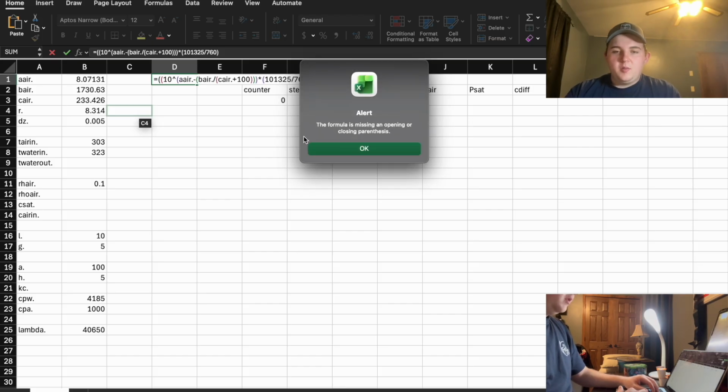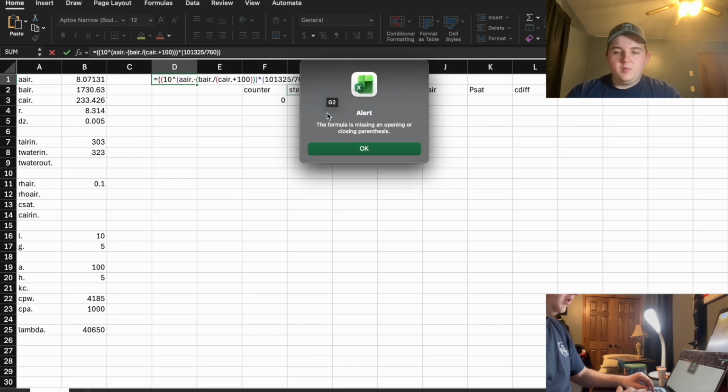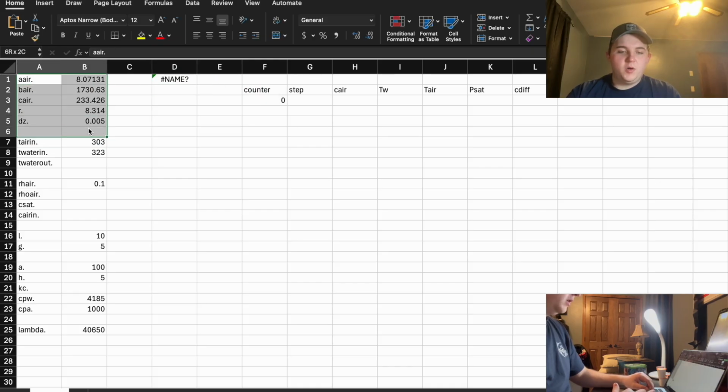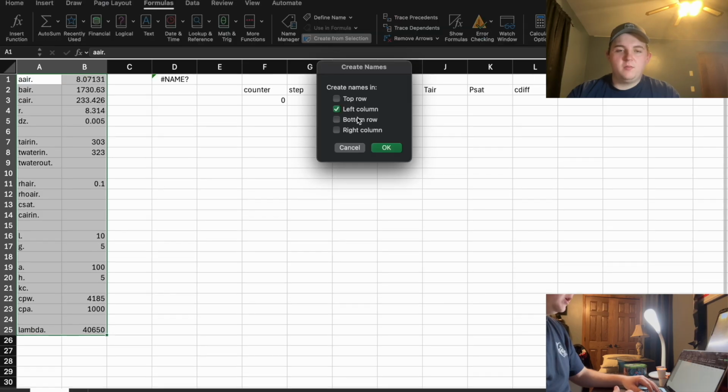Okay, formula is missing a parenthesis. 1, 2, 3, 4, 5. 1, 2, 3. What's missing? There we go. Let's see if we make these formulas, it will work. So we're gonna go formula, create from selection, left column. Okay. Cool.